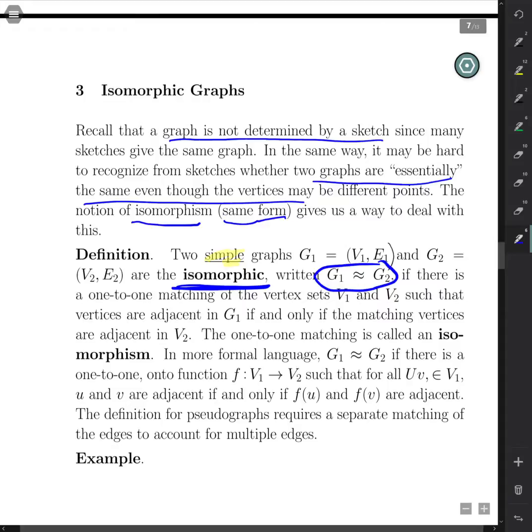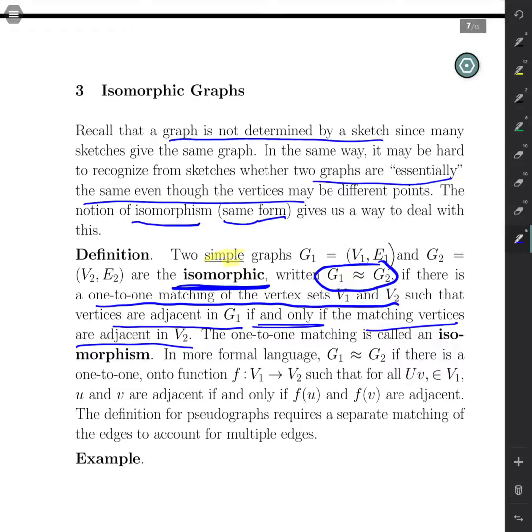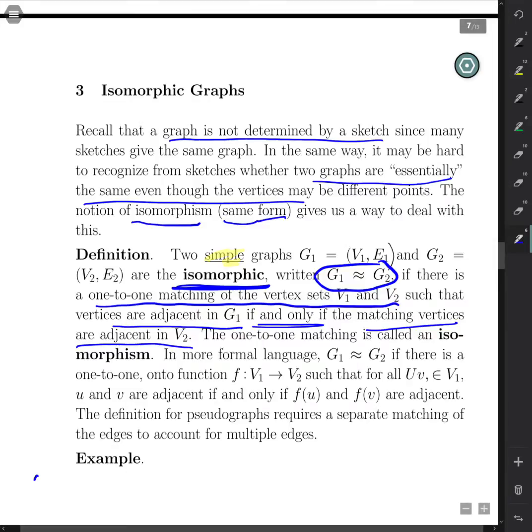If there is a one-to-one matching of the vertex sets V1 and V2, such that vertices are adjacent in G1 if and only if the matching vertices are adjacent in G2. So if there's an edge between two vertices in G1 and you have the two corresponding vertices in G2, then there better be an edge there. There has to be an edge there, and vice versa.